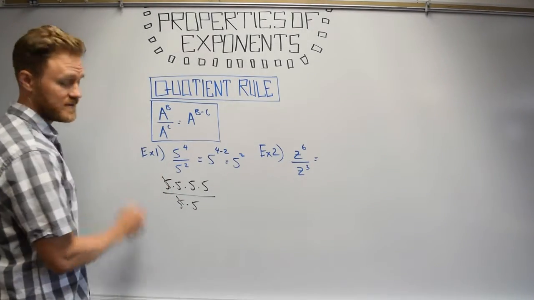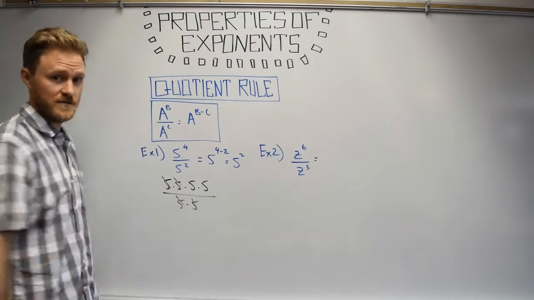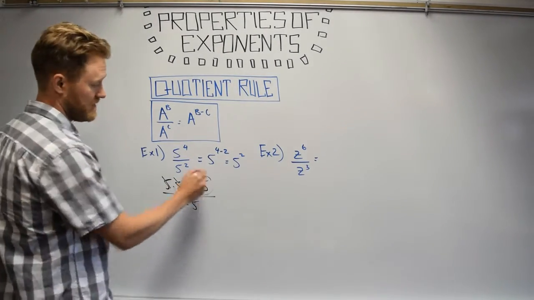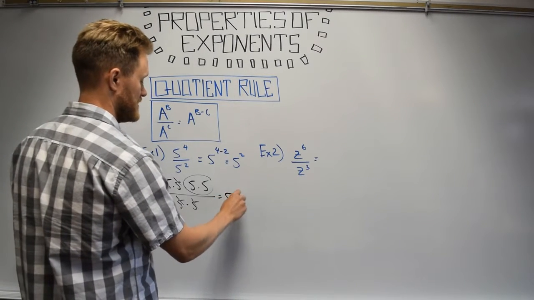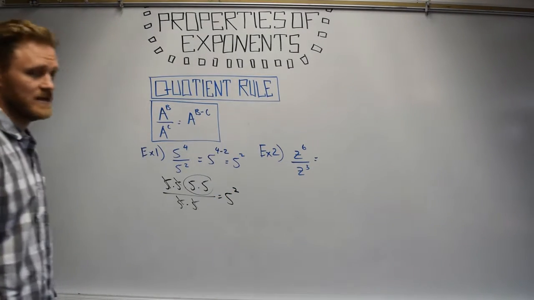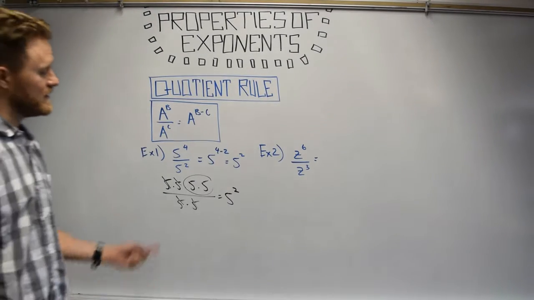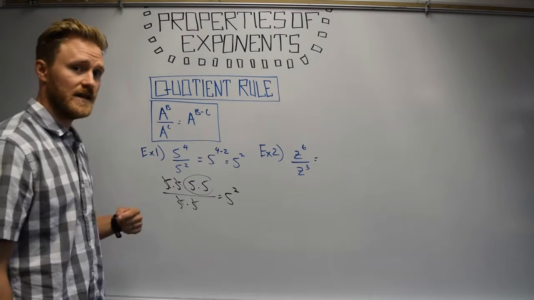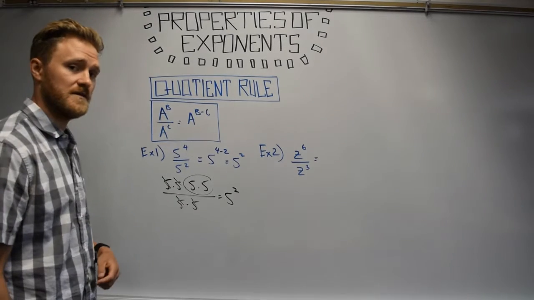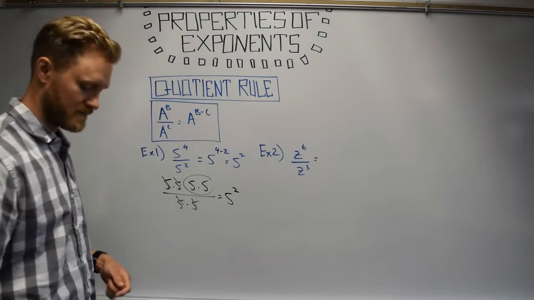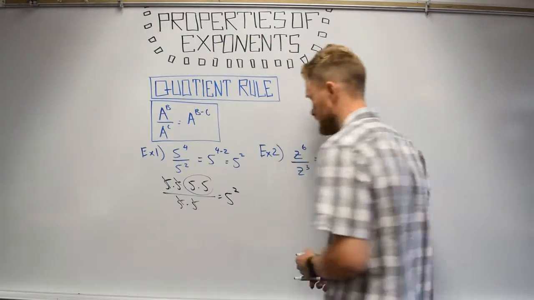So I can cross those two 5s out, and I can cross those two 5s out. And if I count how many I have left, I just have 5 times 5, which is 5 squared. So essentially, the subtraction that we get in the exponents is the same as the algorithm of crossing out the matching factors. So let's try the next one.